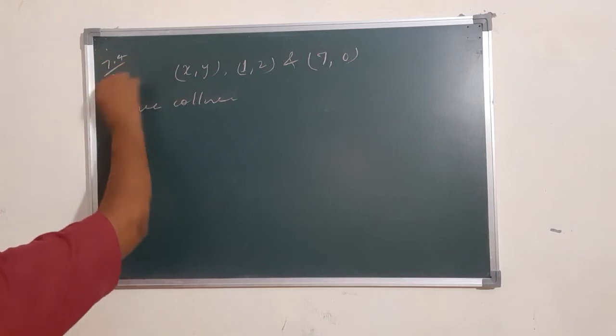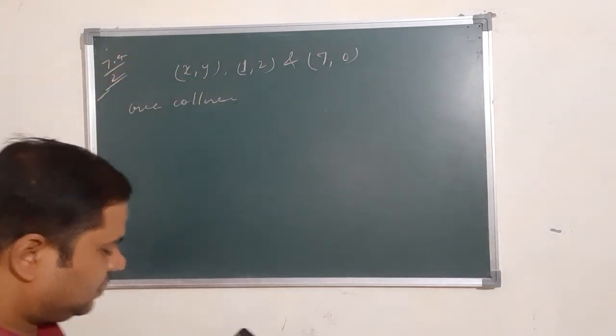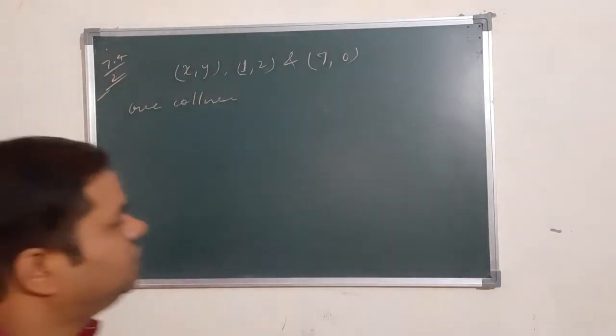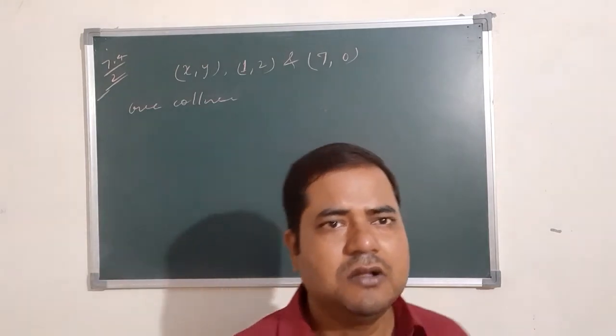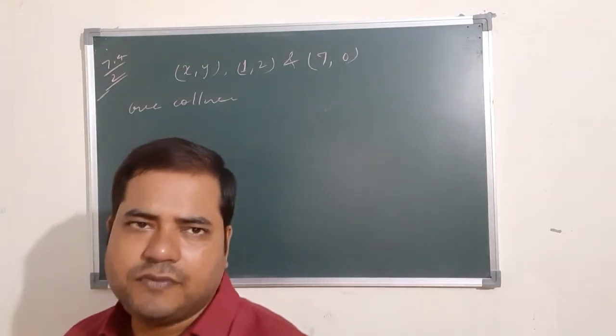This is exercise 7.4, question number 2, optional exercise. If the points are collinear, then you have to find the relation between x and y. This is also a very good question.